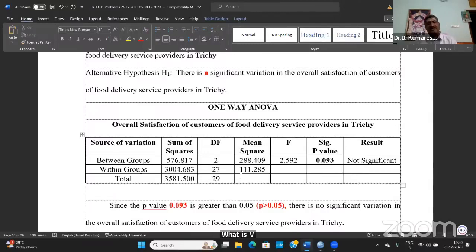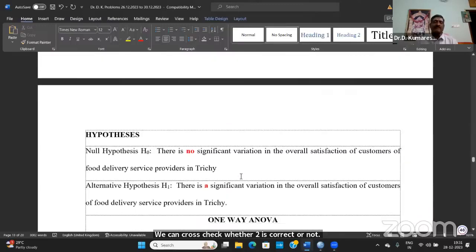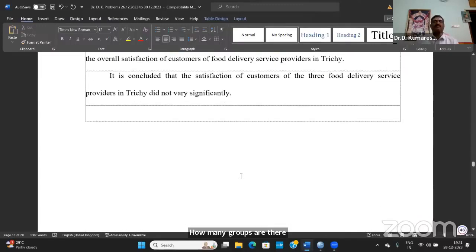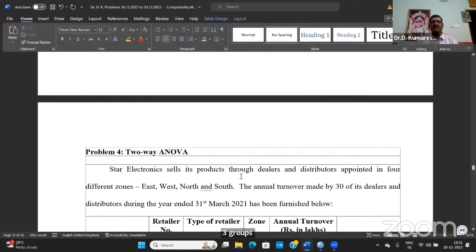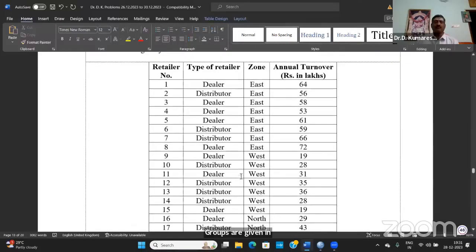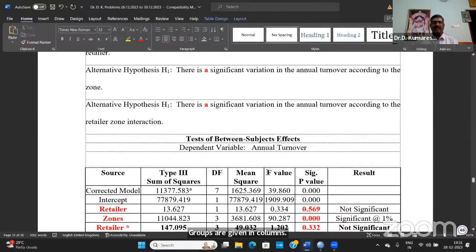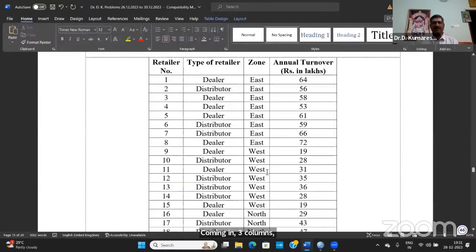We can cross check whether 2 is correct or not. How many groups are there? 3 groups. Groups are given in columns. How many columns are there? 3 columns are there.